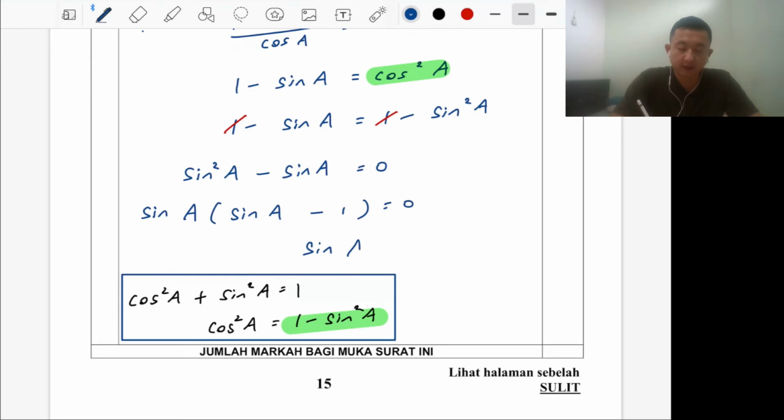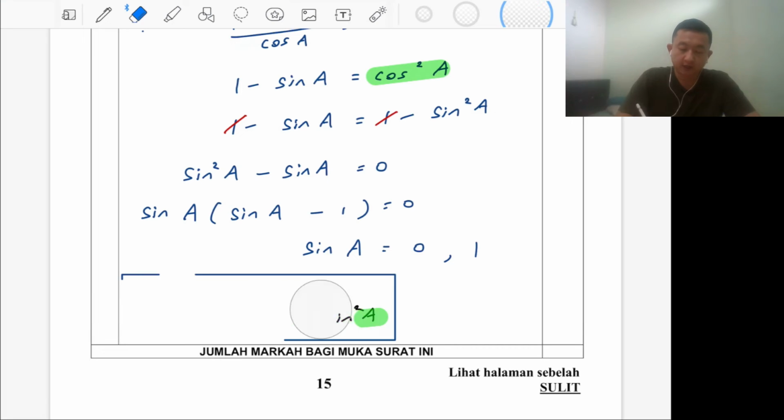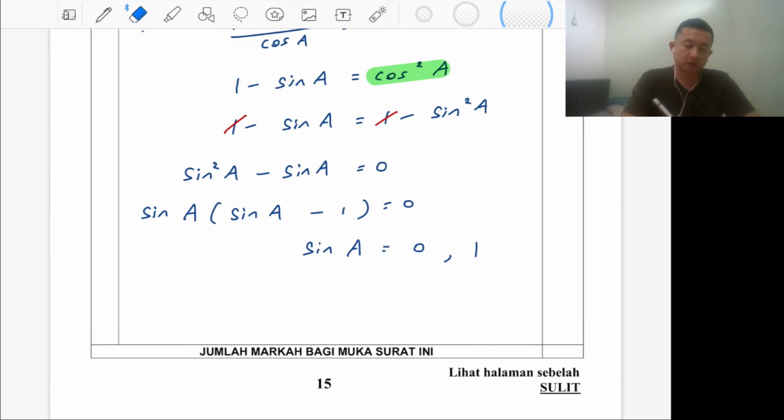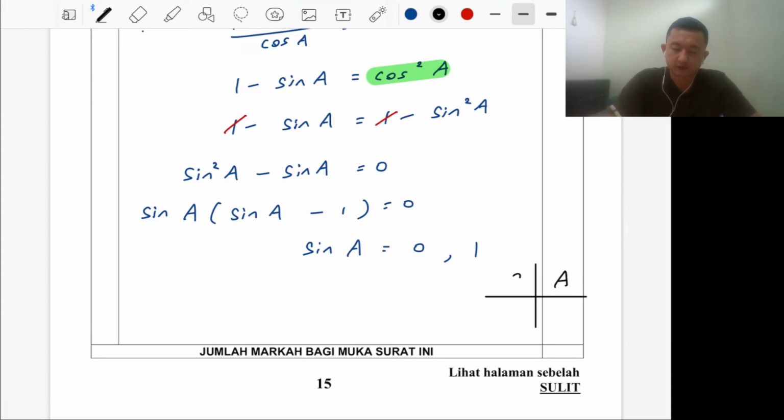So sine a could be 0 or 1. Okay, sine a could be 0 or 1. Then you find the value of a. So remember, you can solve this using the quadrant, or you can use the graph.